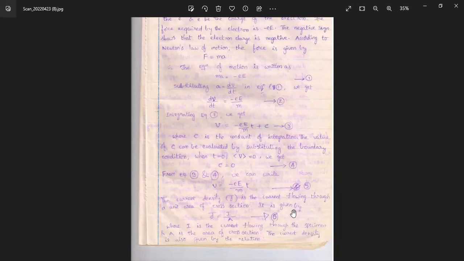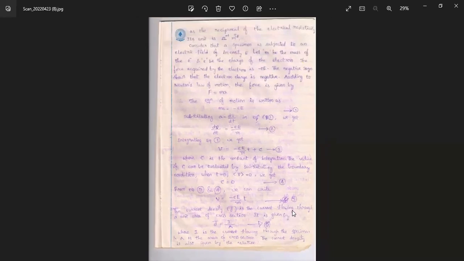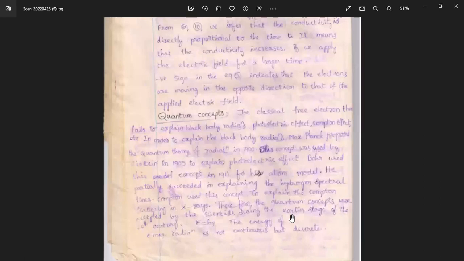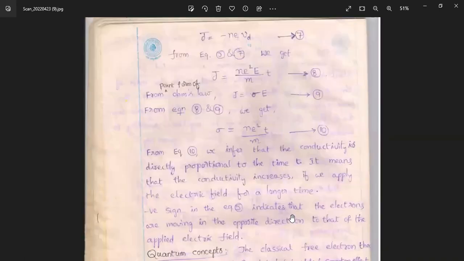In semiconductors, we have derived this already: J is equal to minus NeVd. From the above two equations, 5 and 7, what do we write?